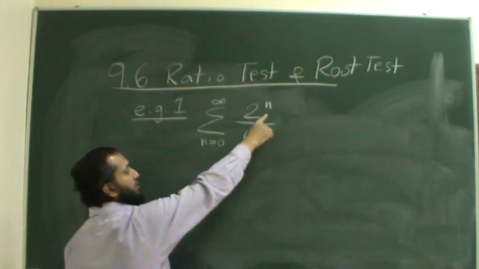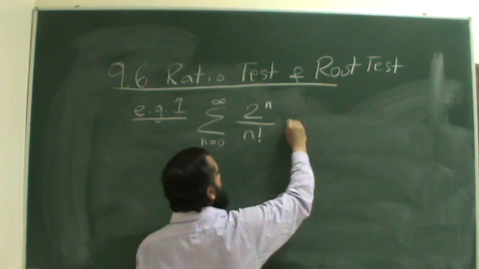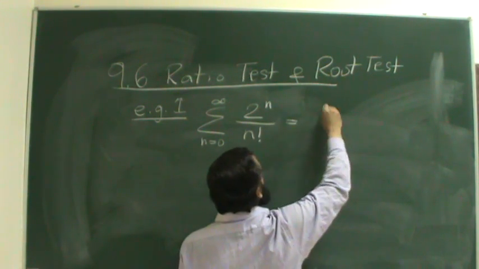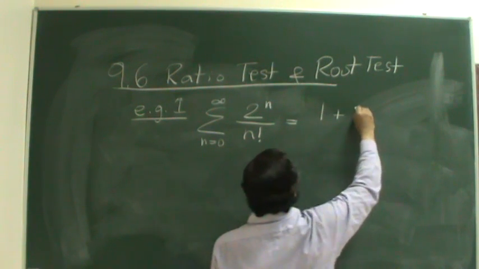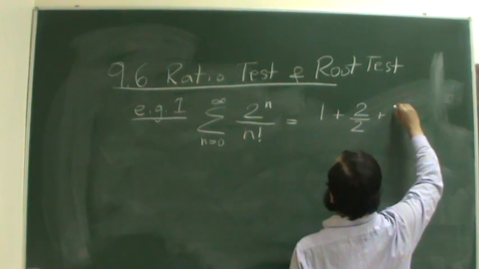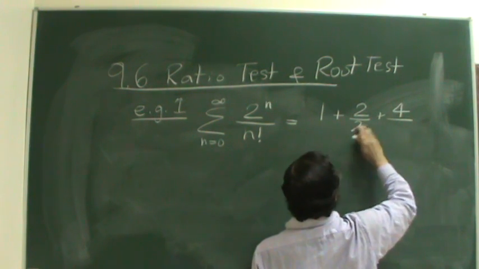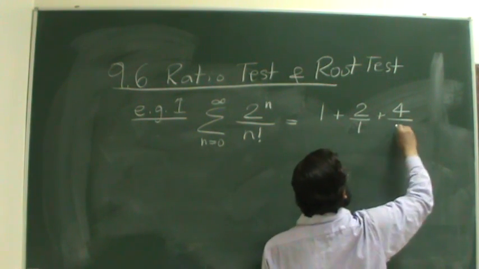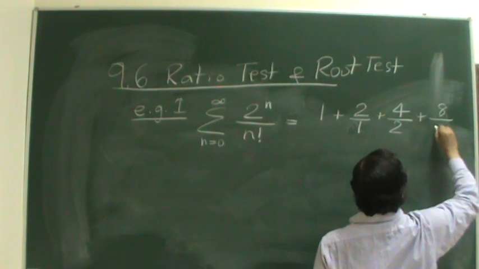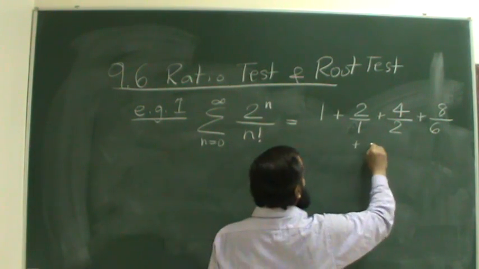The summation of the terms look like 2 to the power n over n factorial. Let's write down the first few terms of the series. For n equals 0, 2 to the 0 is 1, and 0 factorial is also 1, so this is 1. Plus 2 over 1, plus 4 over 2 factorial, which is 2. Plus, let's write down one more term, 8 over 6, right? 3 factorial is 6, and so on.